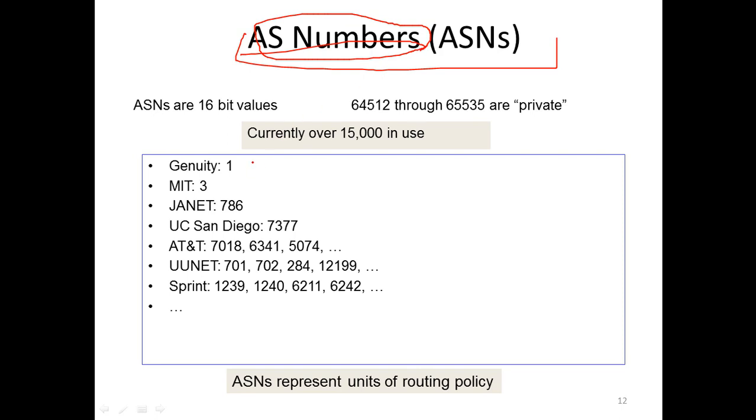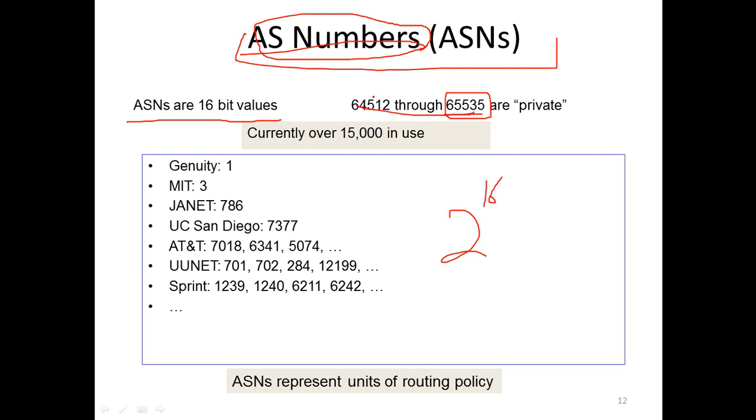You can see that these ASN numbers are basically 16-bit values. So it means 2 to the power 16 gives us 65,536. So you can create this kind of huge AS inside your network.